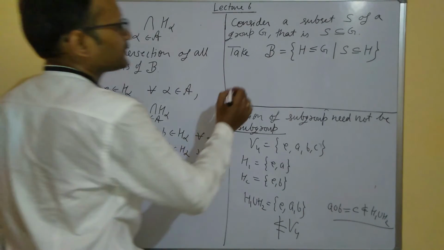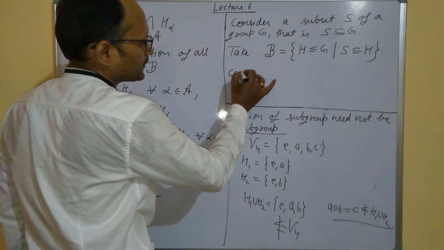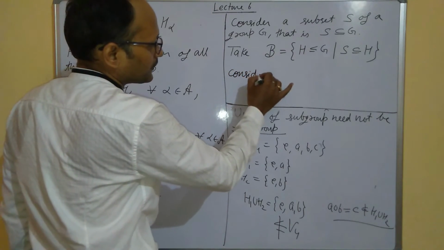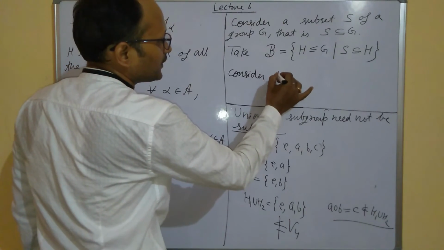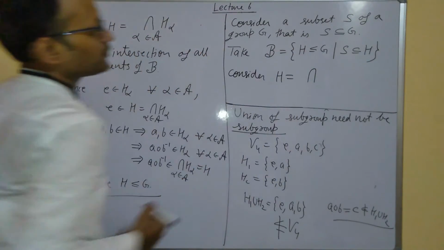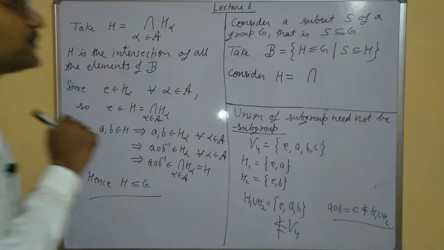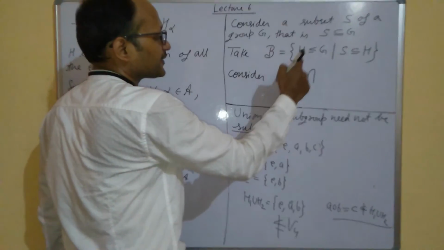Now consider some H to be the intersection of all the elements of B. So how will we take intersection?